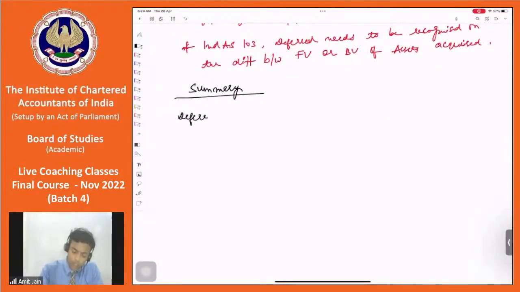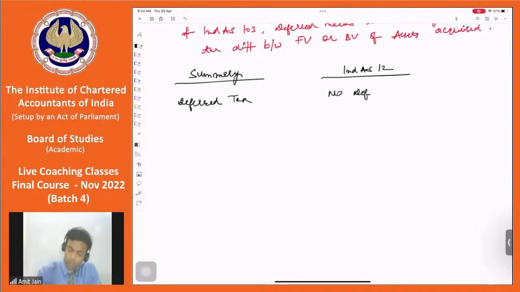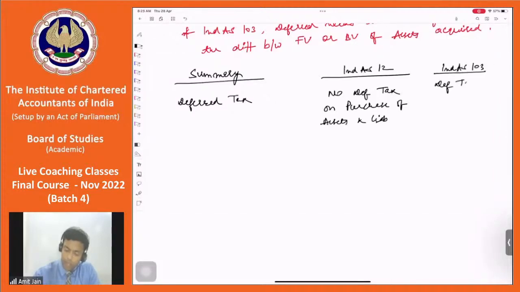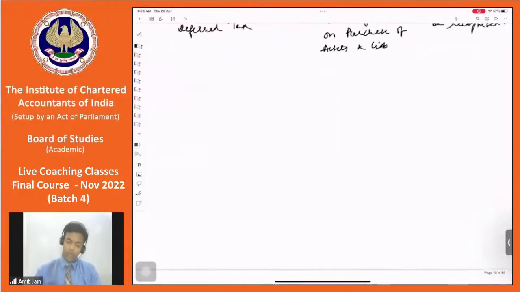Deferred tax: Ind AS 12, no deferred tax on purchase of assets and liabilities. Ind AS 103, deferred tax to be recognized. How is this deferred tax to be recognized? What do we need to do?